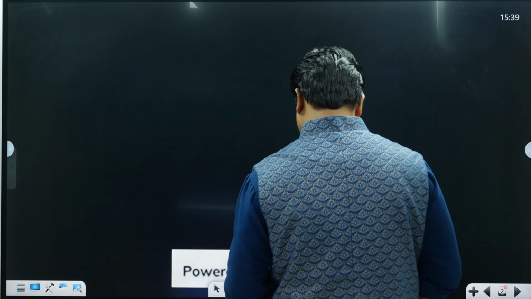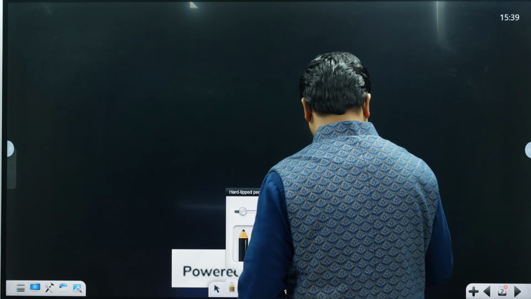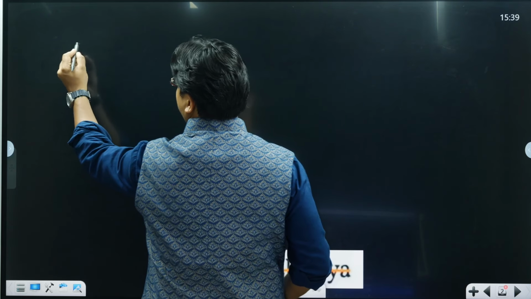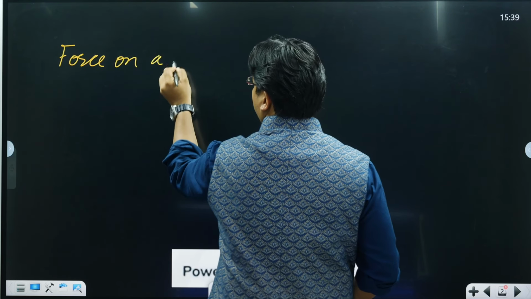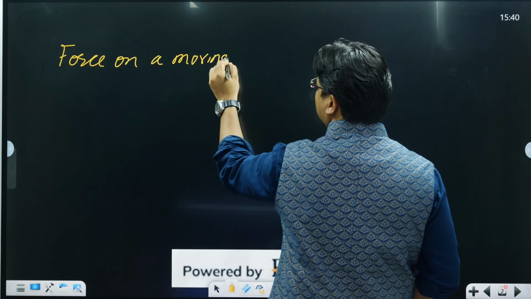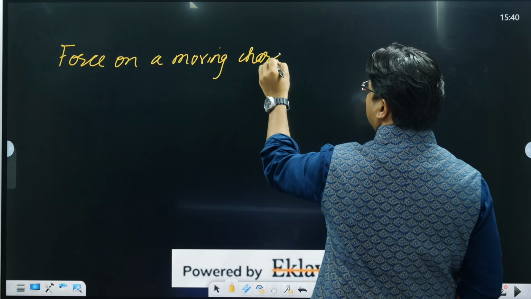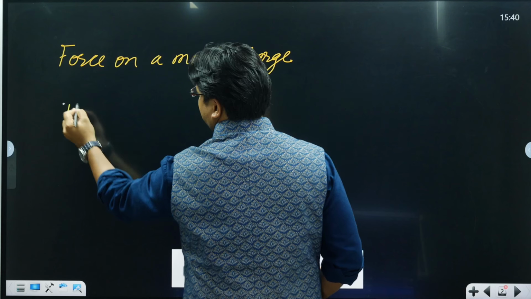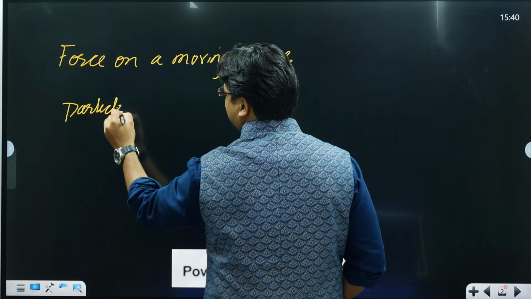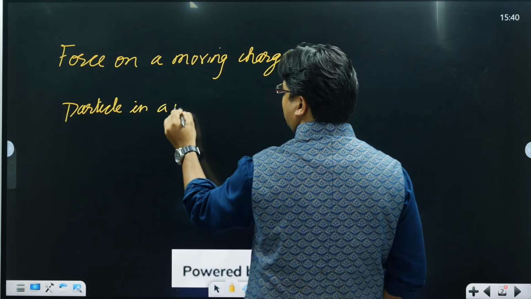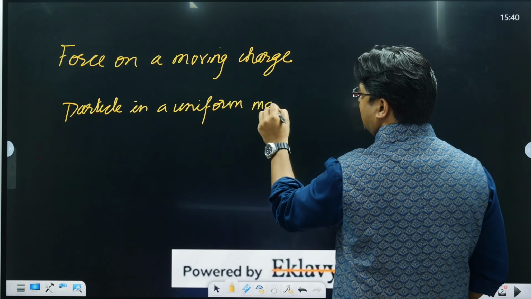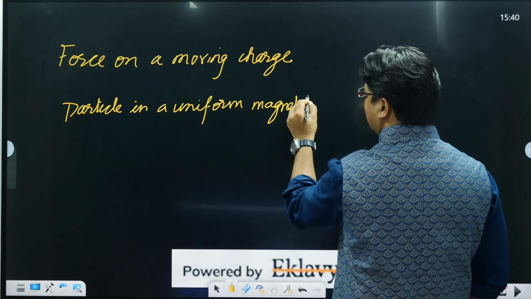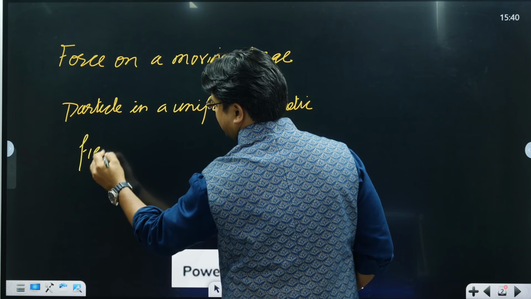So what is this situation? Let me first tell you about that. The situation that I am talking about would be force on a moving charge particle in a uniform magnetic field.